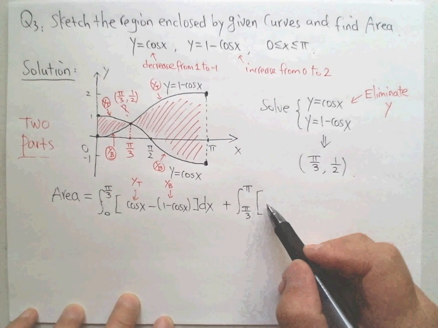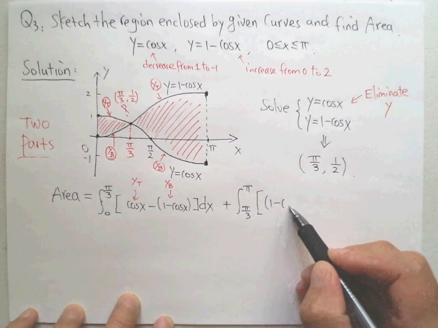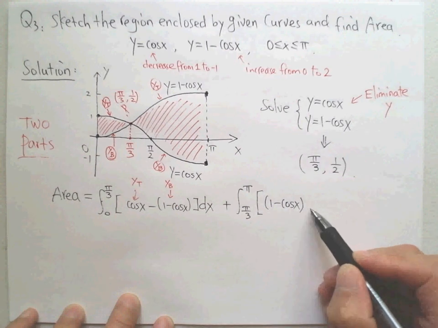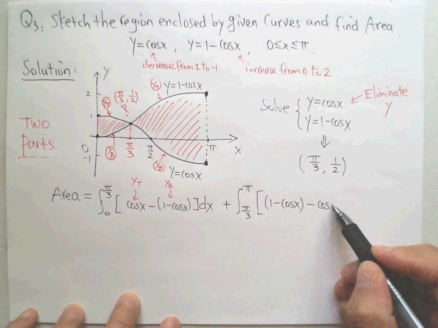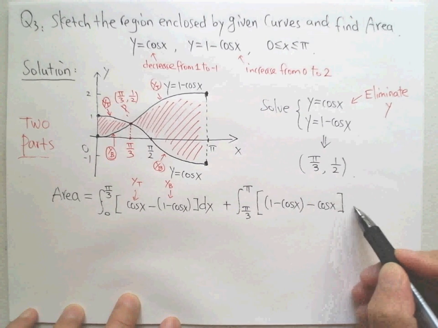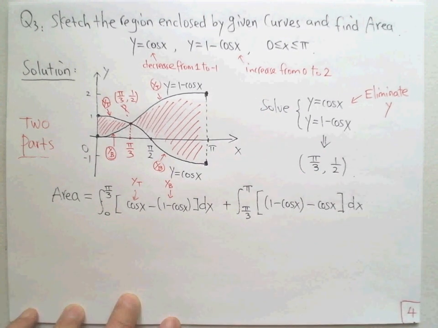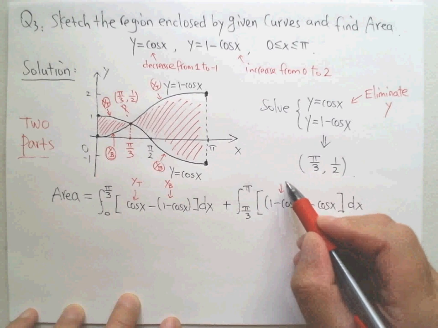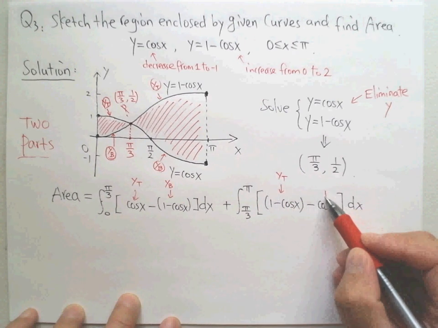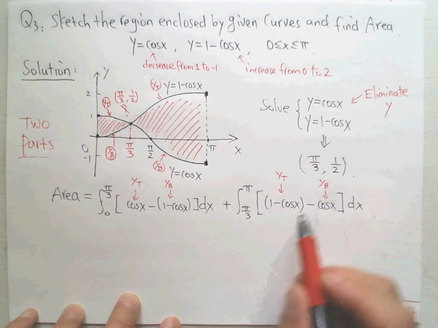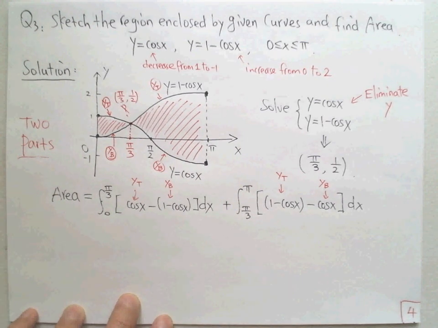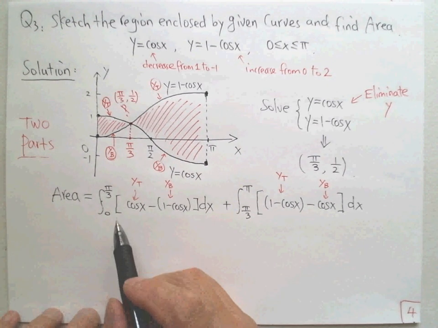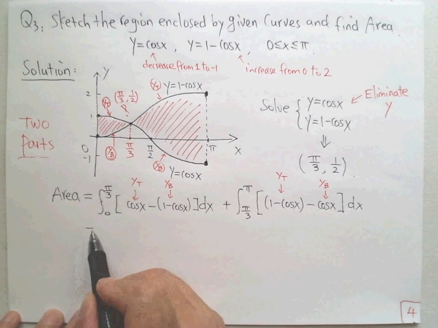For the second part, yt is 1 minus cosine x, and yb, the bottom, is cosine x, then minus cosine x, and dx. See, both the top and the bottom have changed.